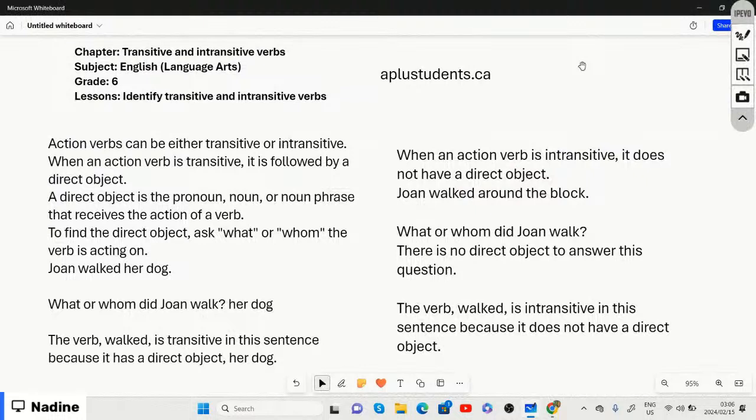And the lesson that we're going to be focusing on under the chapter of transitive and intransitive verbs is to identify transitive and intransitive verbs.